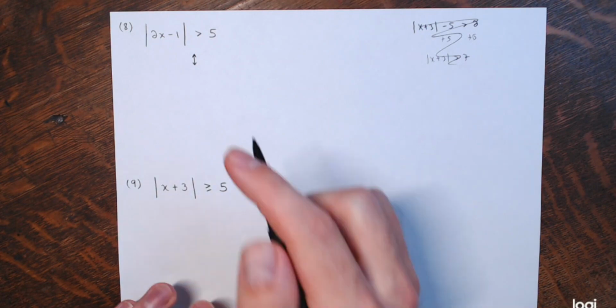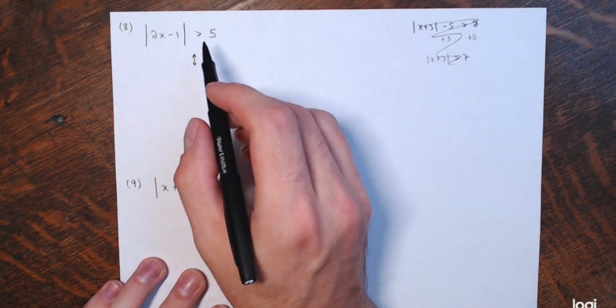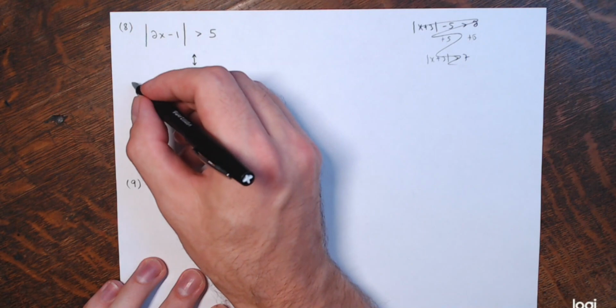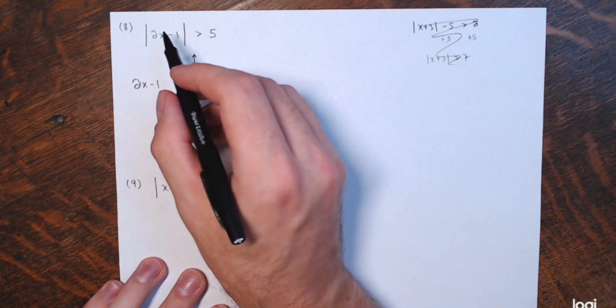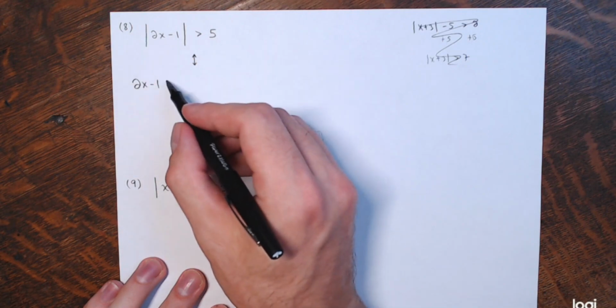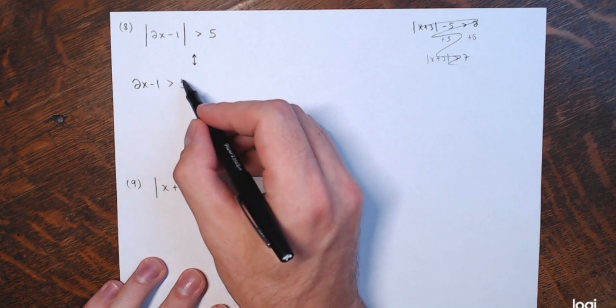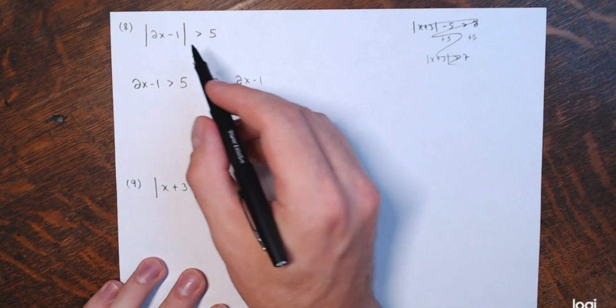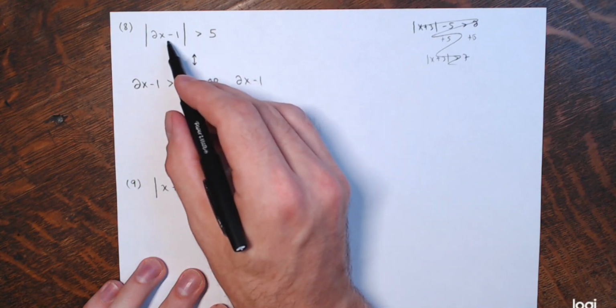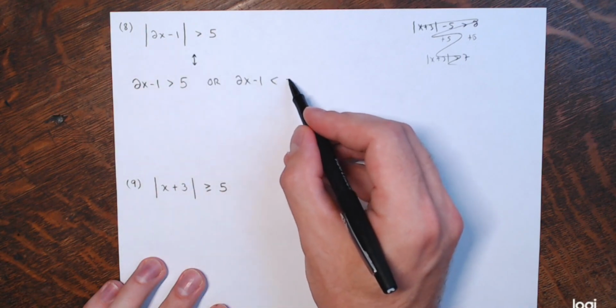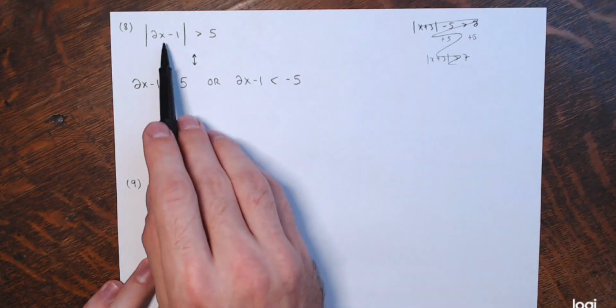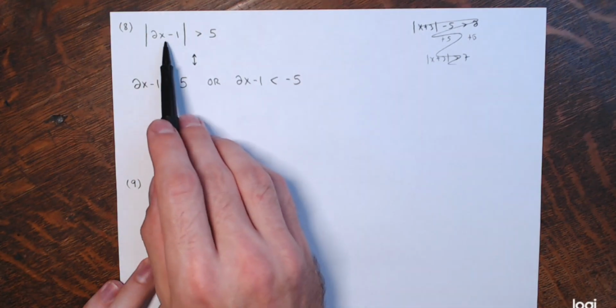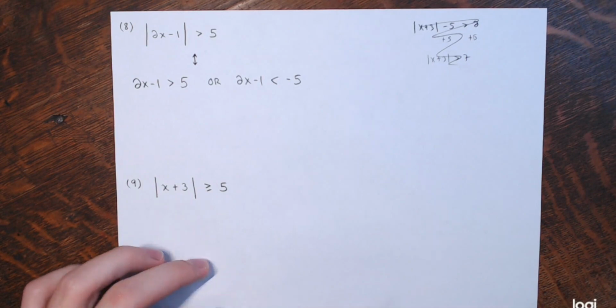So this absolute value inequality is equivalent to saying that 2x minus 1, the number inside the absolute value symbols, has to be a number either greater than 5 or less than negative 5. It's either something to the right of 5 or something to the left of negative 5, to have an absolute value greater than 5.